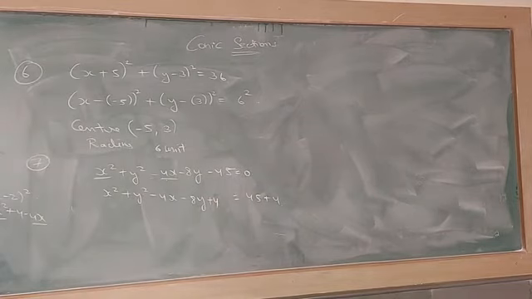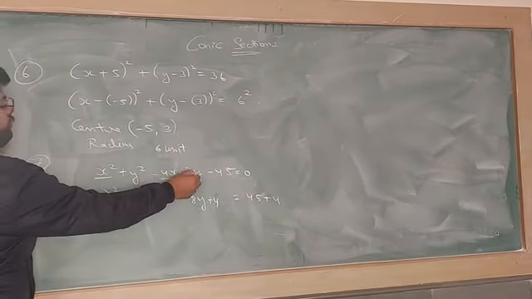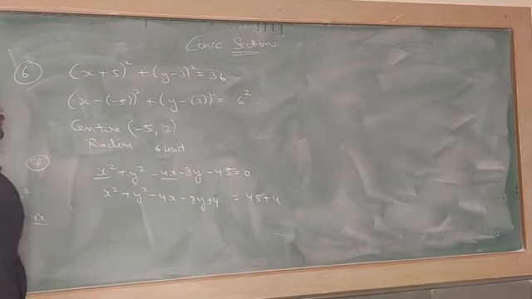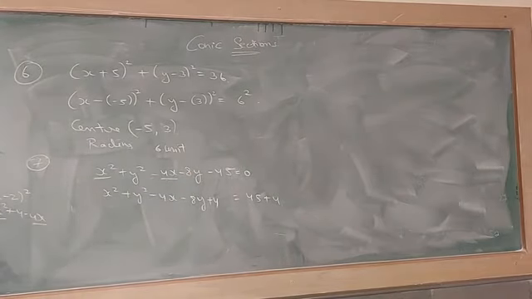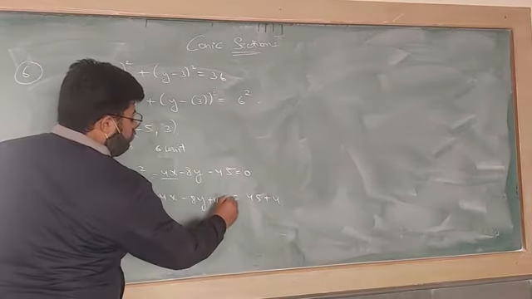One more thing. See the y one also. Y square minus 8y. Now divide by 2 this one, it is 4. So this is the whole square of (y minus 4): y square minus 8y plus 16. Now what we want? 16 we want. So adding 16 both the sides.